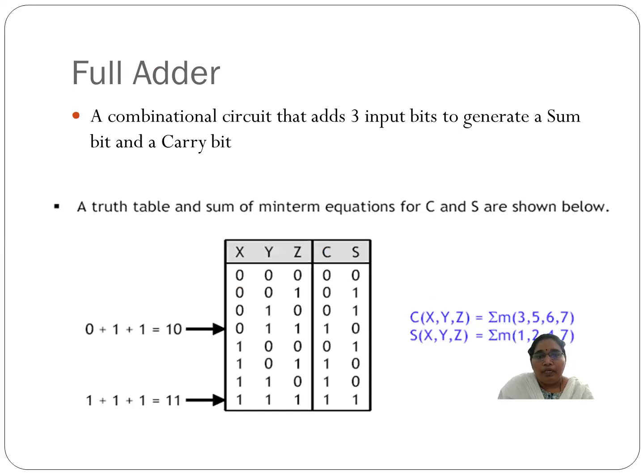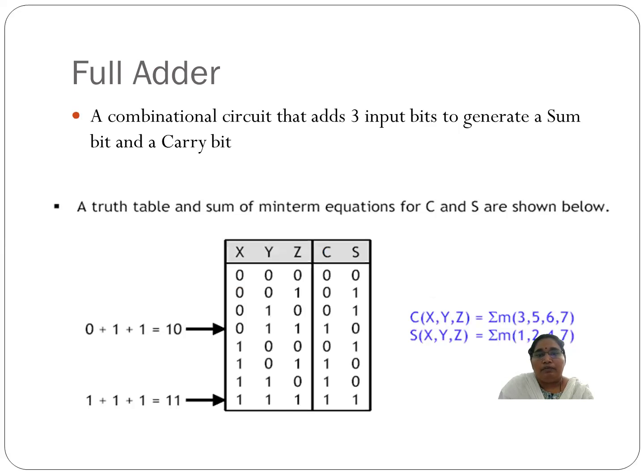If we carefully observe, the carry is 1 when XYZ is the min term 3, that is 0, 1, 1, and when the min terms are 5, 6 and 7.